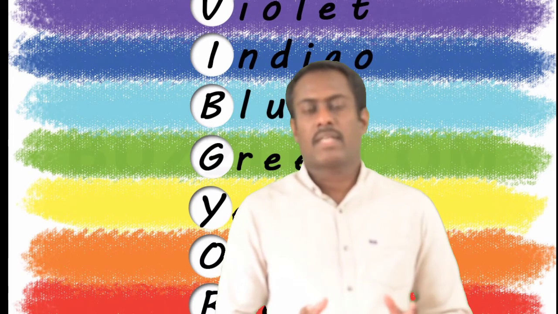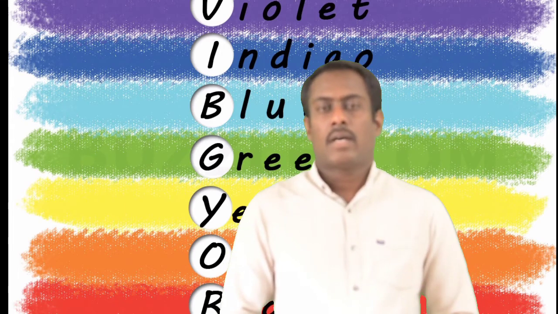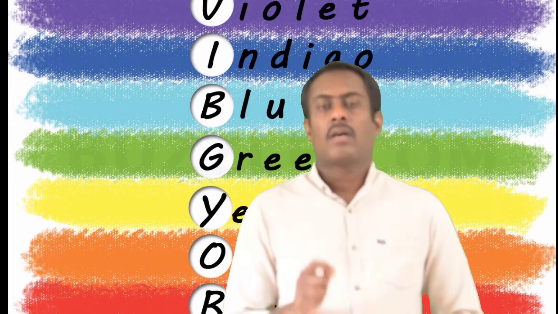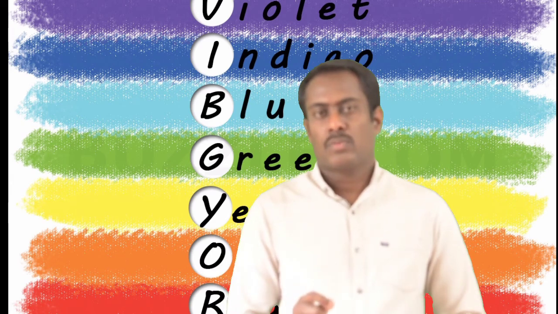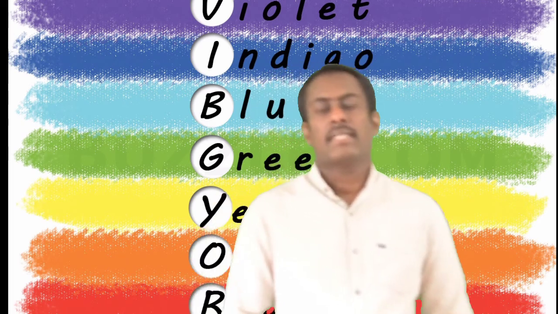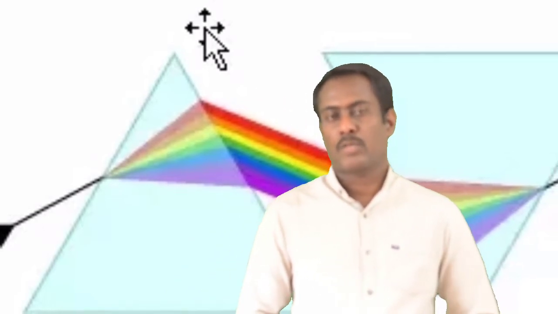The band of 7 colors is called the spectrum, and the white light splits into these colors on the basis of their wavelength.